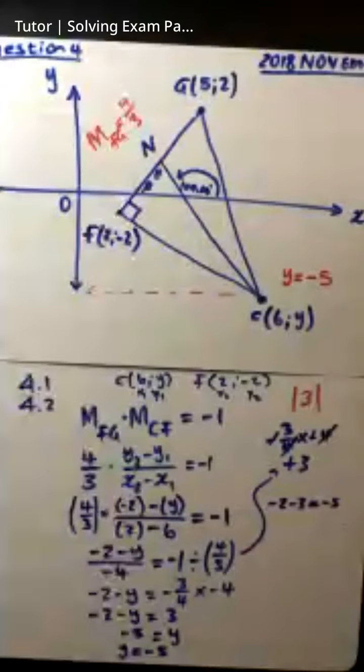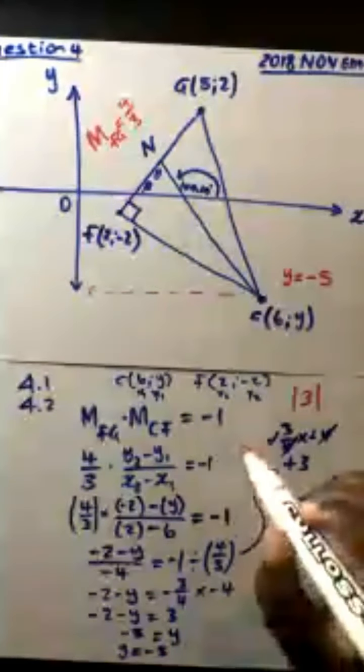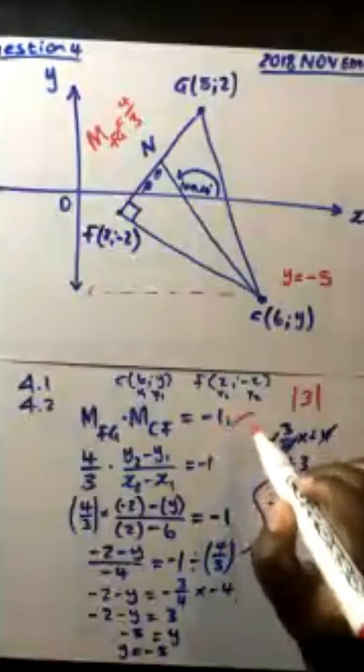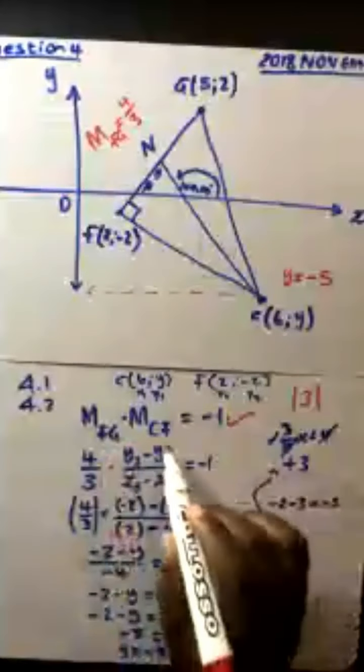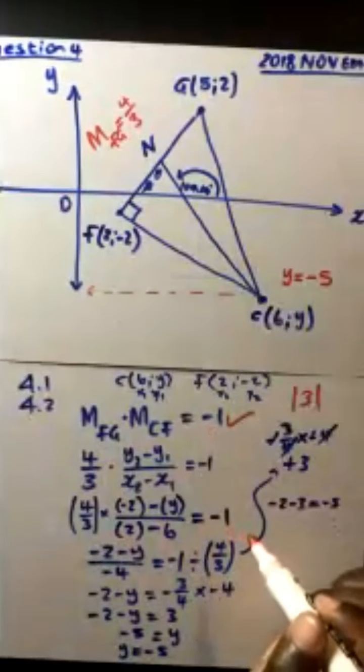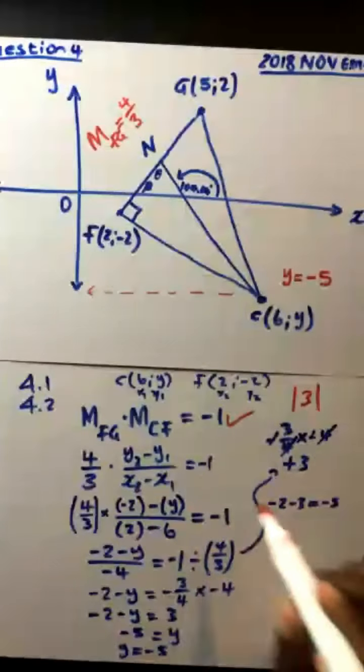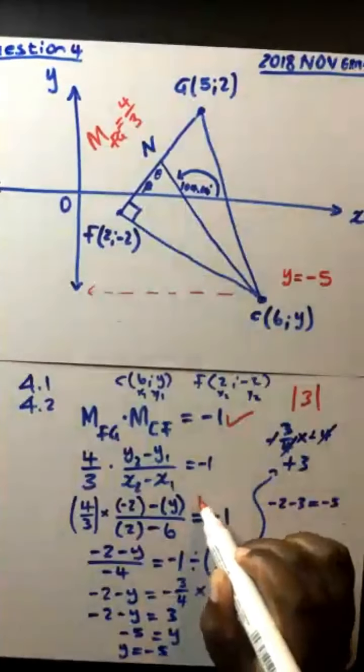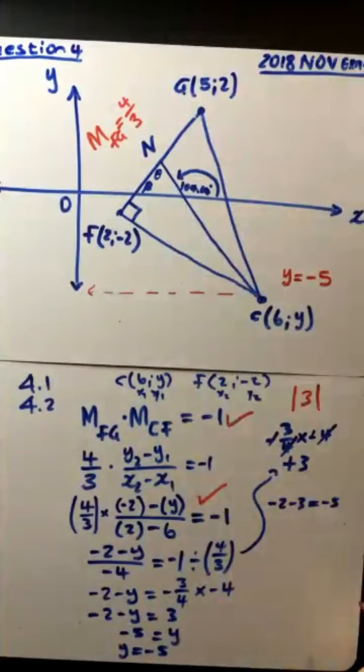Okay, 100%. So now, where exactly are you getting your 3 marks? Ladies and gentlemen, for you to state that the gradient of FG times the gradient of CF is equal to negative 1, we give you a mark for that. For correct substitution, we give you a mark.